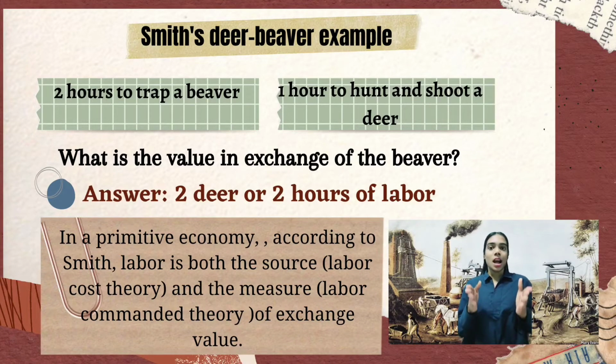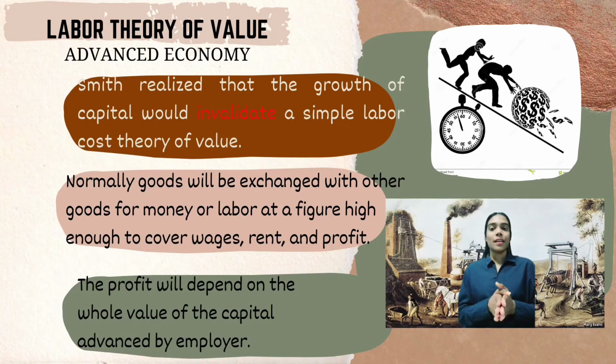That is, a person could either exchange the beaver for 2 deer, because each deer requires only 1 hour of labor to harvest, or could use the beaver to command 2 hours of labor services. In a primitive economy, according to Smith, labor is both the source, the labor cost theory, and the measure, the labor commanded theory, of exchange value.